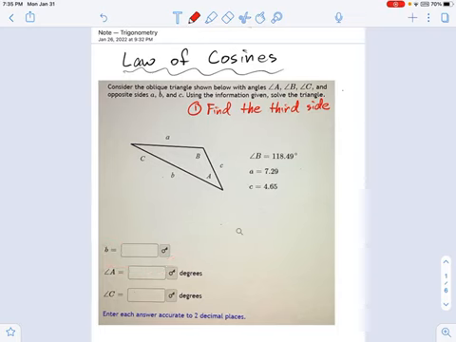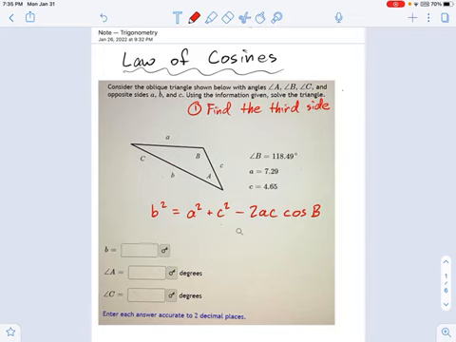So we have a formula for that. If you look back at your equations, hopefully you're going to have this memorized soon, but for now, it's b squared equals a squared plus c squared minus 2a times c times the cosine of angle b. Now we're going to plug that into a calculator.